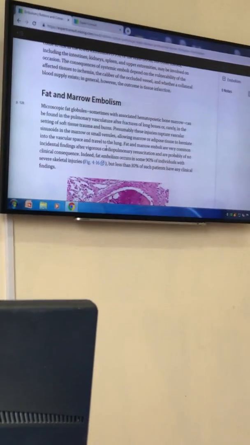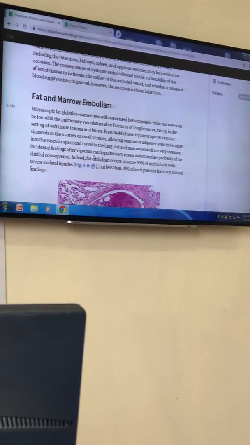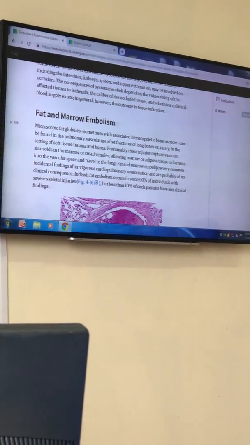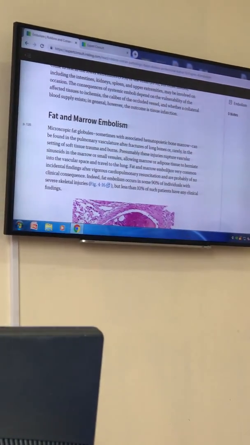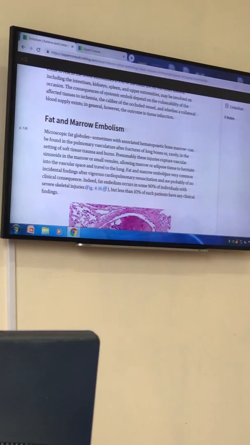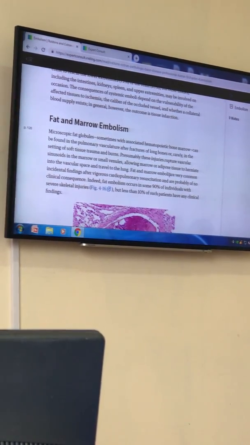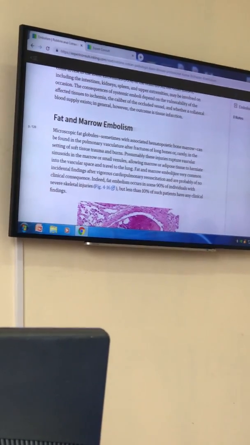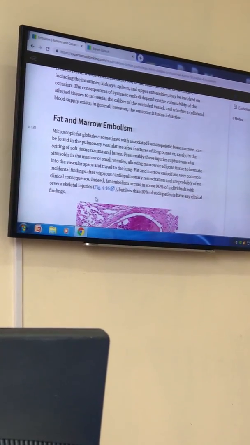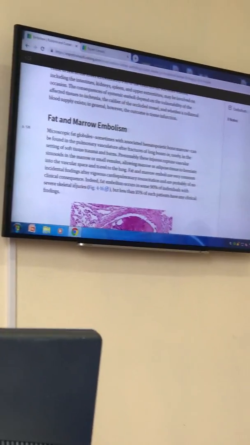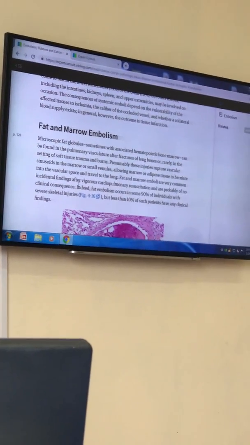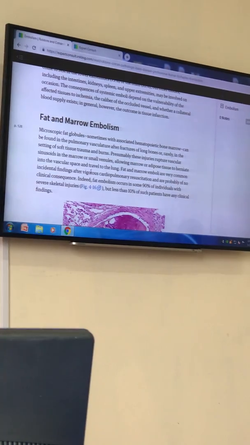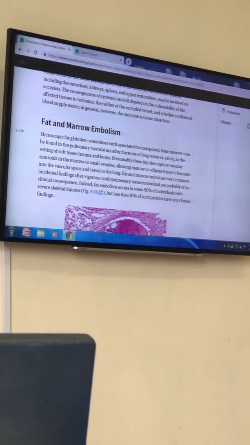During this procedure, there is the risk of fat and marrow embolization. It's common, but since the size of the emboli is not big, they are small, most commonly they are symptomless and have no clinical importance. So one of the causes of fat and marrow embolization is cardiopulmonary resuscitation.